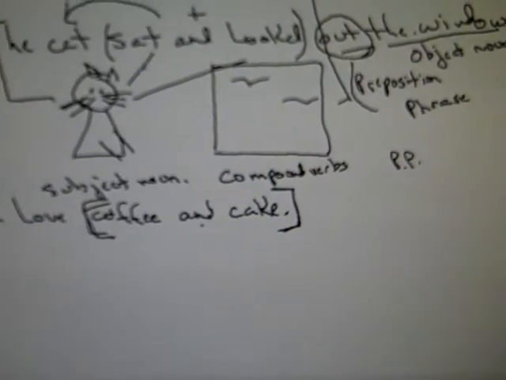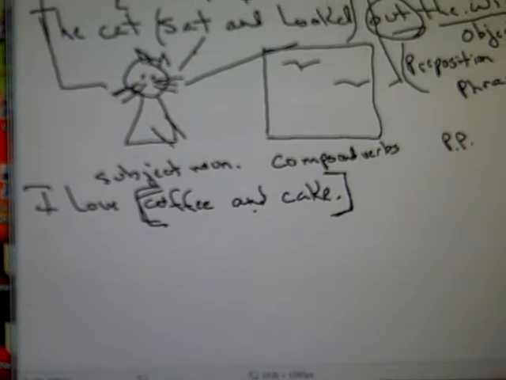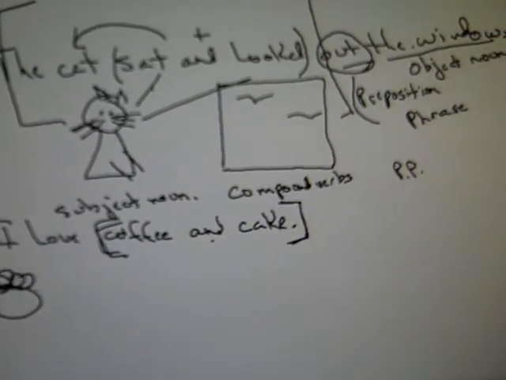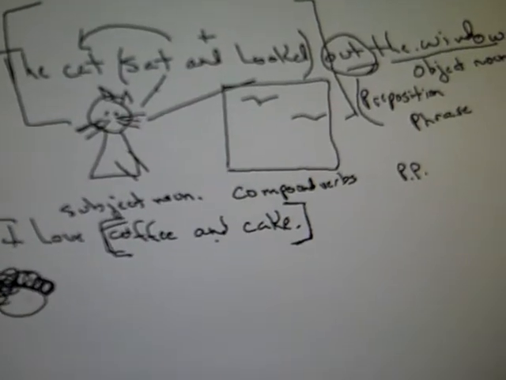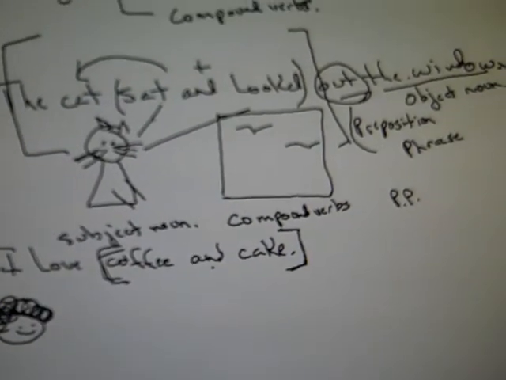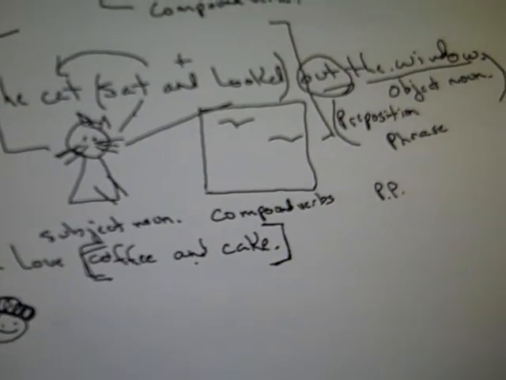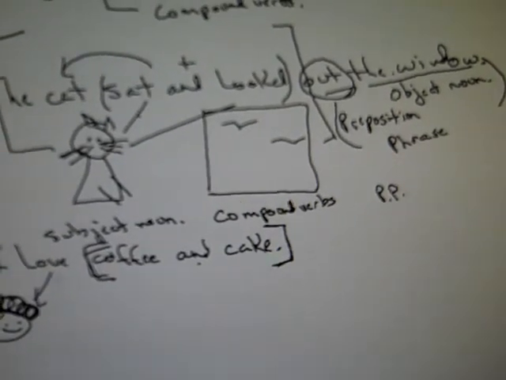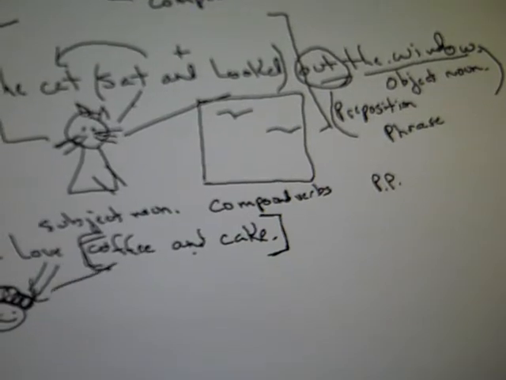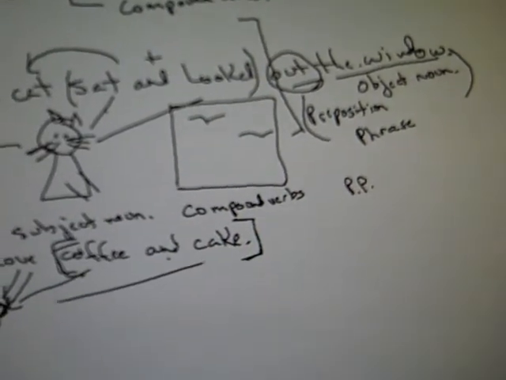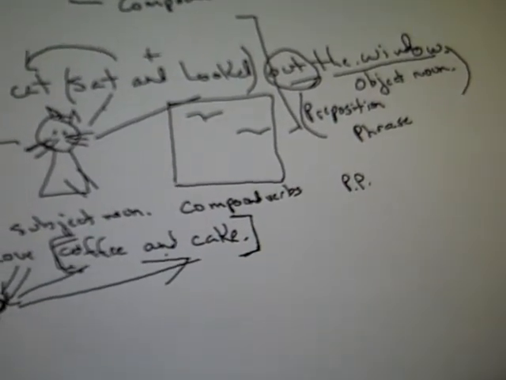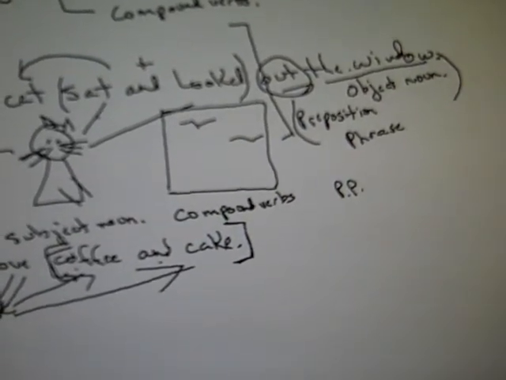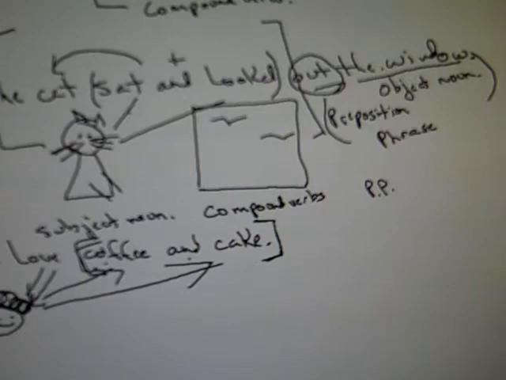It sounds like the beginning of a song, doesn't it? I should have made this red. I love, where's the love? Oh boy, believe me, it's in here. I love coffee and I love cake. So the verb inside is reaching out to this unit, coffee and cake, which is one unit.